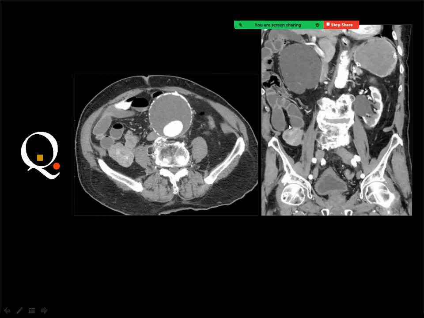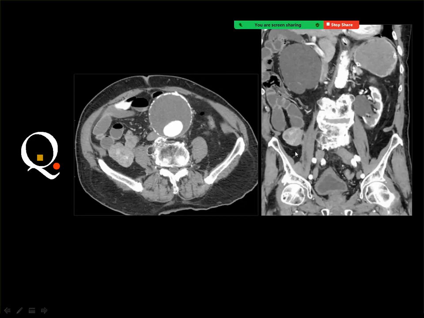Then, if you are asked about this lesion, and you see that it is of the small bowel and this is GIST tumor, what else do you say? Lymphoma? What else do you say? Metastatic disease? How can you discriminate between carcinoid tumor and GIST tumor?